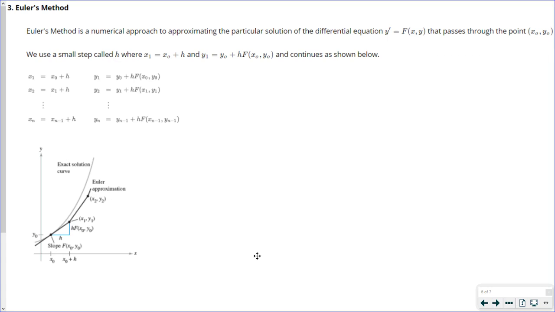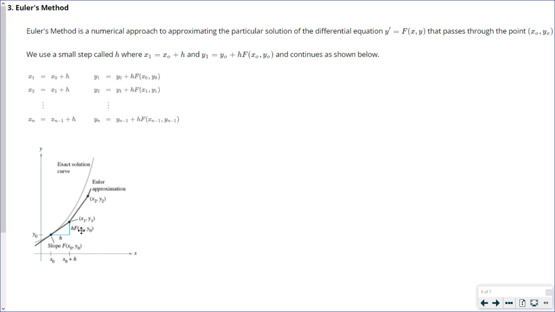Number 3 is using Euler's method to find a numerical approach for a particular solution. When we use Euler's method, we're also going to make a table. Notice this little picture down here; it shows us what Euler's method does. You can see there's a little bit of error. I'm not going to ask you to find that error, just the approximation.